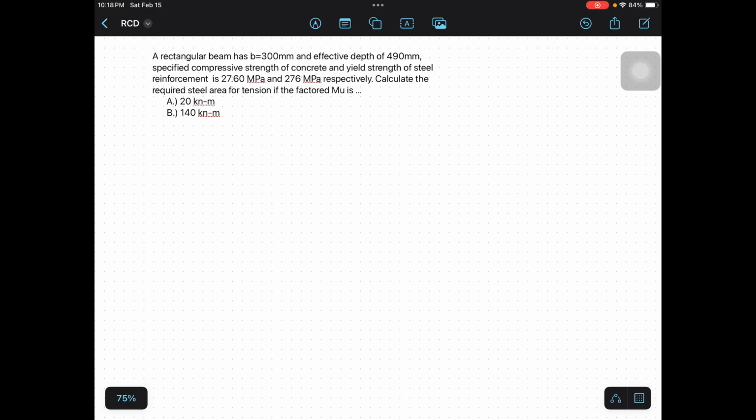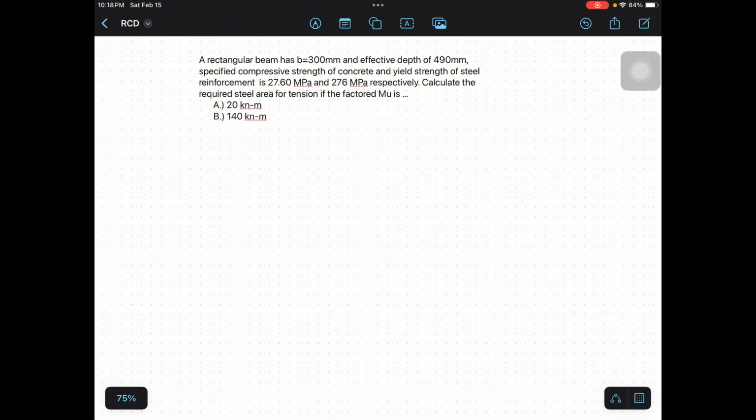Okay. So, para ma-solve natin yung specific problem na ito, sulat muna natin yung mga given. So, meron tayong beam base na 300 mm. Yung kanyang effective depth is 490 mm.